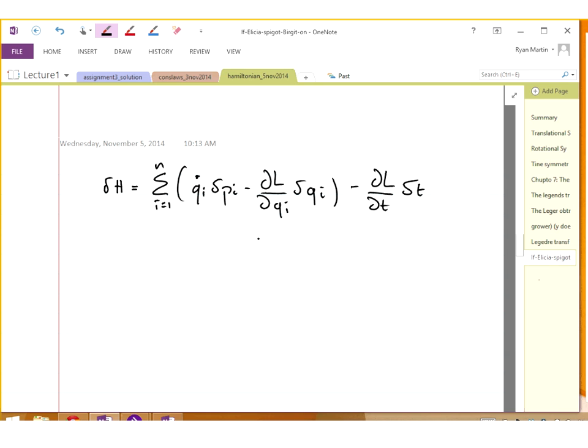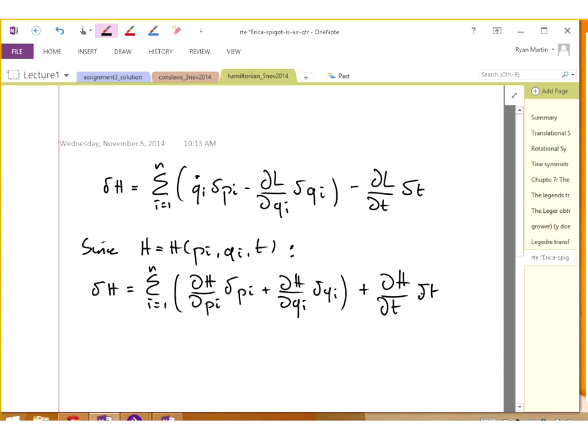Now recall, since H is a function of p_i, q_i, and t, we can also write the variation using the chain rule. So that's got to be equal to delta H equals the sum from i equals 1 to n of ∂H/∂p_i delta p_i plus ∂H/∂q_i delta q_i, and then outside of the sum plus ∂H/∂t delta t.